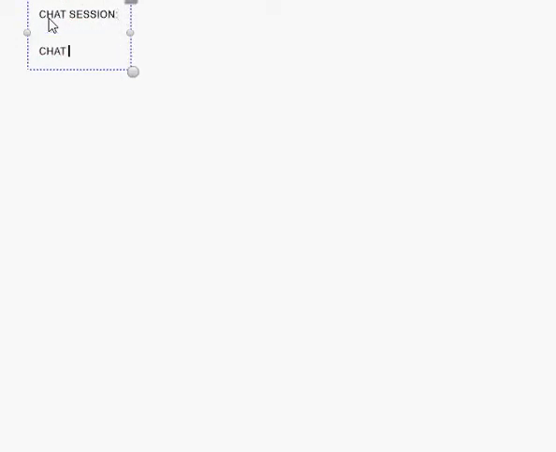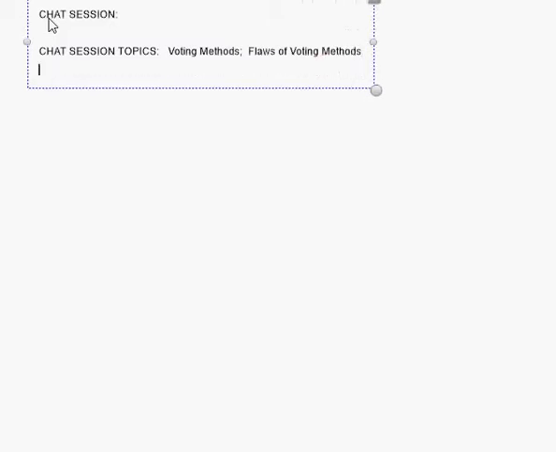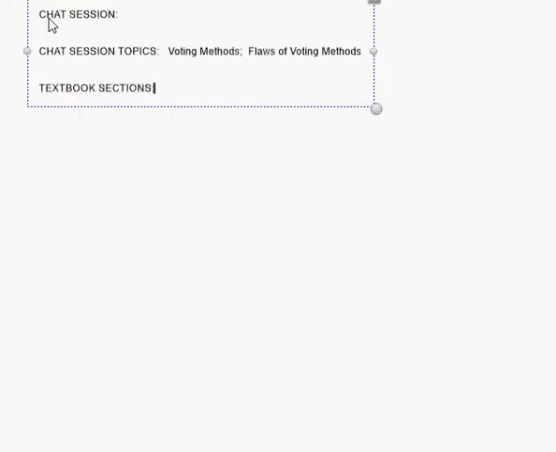Chat session topics are voting methods, flaws of voting methods, textbook sections 14.1 and 14.2.